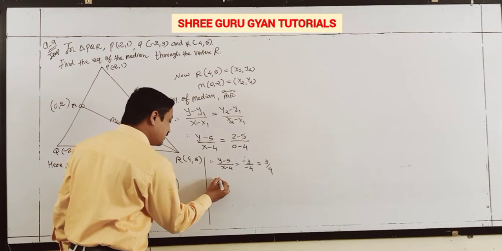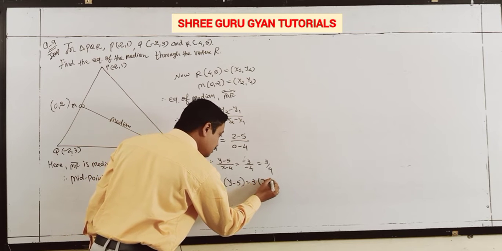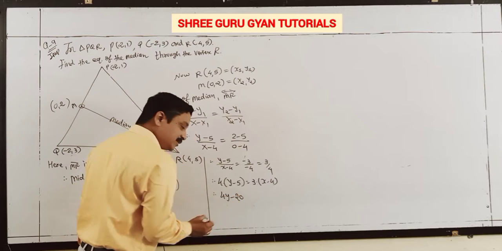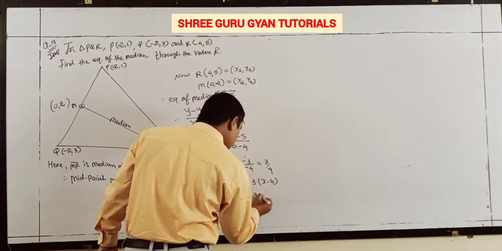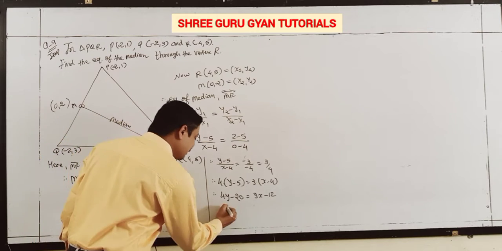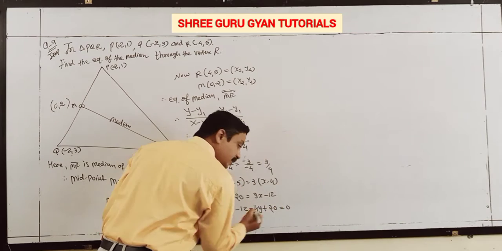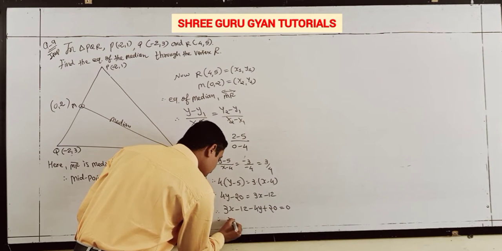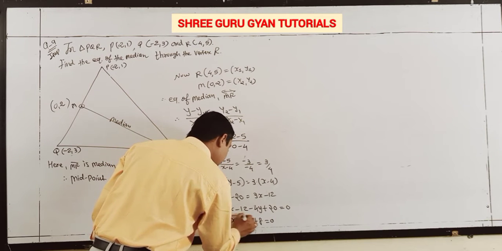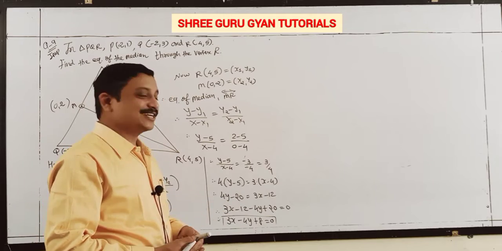Now cross multiply: 4 times y minus 5 equals 3 times x minus 4. So 4y minus 20, 3x minus 12, and rearrange. So 3x minus 12 minus 4y plus 20. In short, 3x minus 4y plus 8 is equal to 0. 3x minus 4y, and minus 12 plus 20 gives 8.